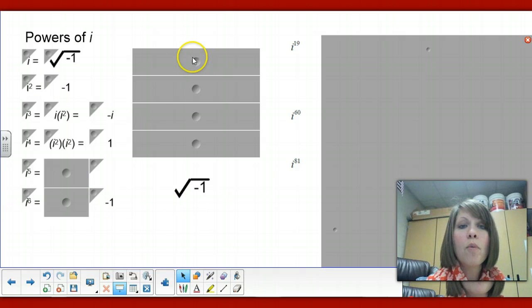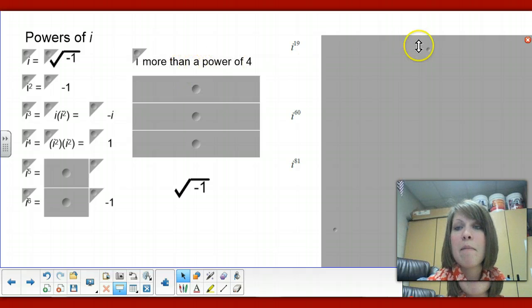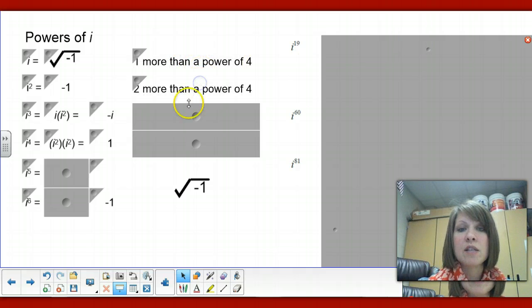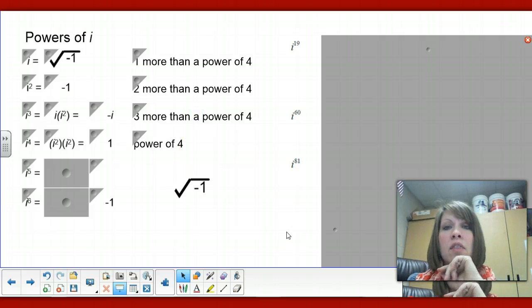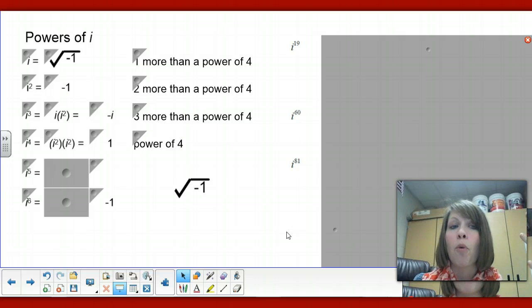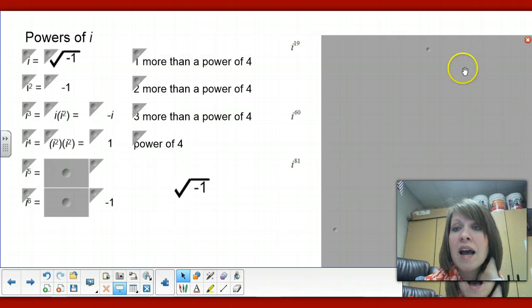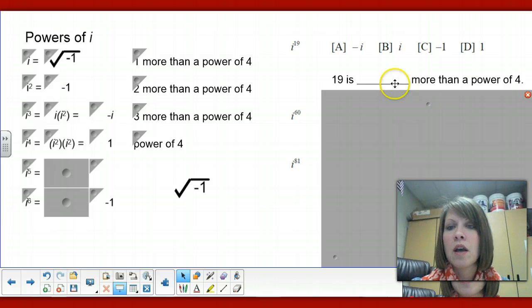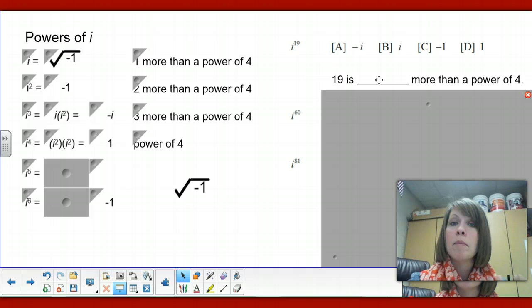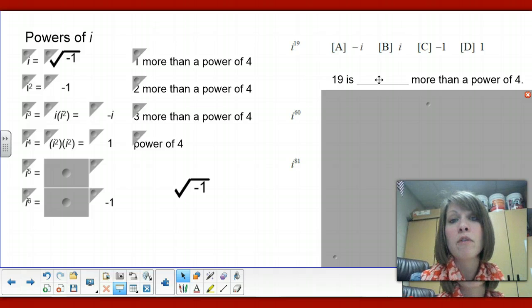Okay, so what we're going to do is match up these powers of i based on where they are with respect to the power of 4. For instance, i to the 19th is actually 3 more than a power of 4. 16 is a power of 4. 19 is 3 more than that.